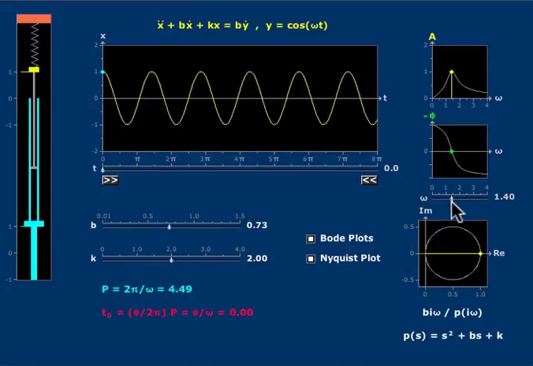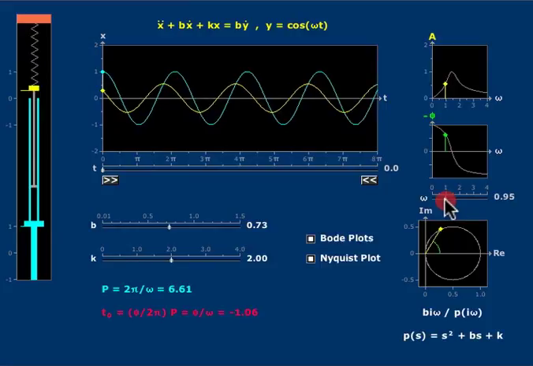The magnitude is the gain. This yellow strut is the same length as this radius vector. And the angle is the negative of the phase lag.